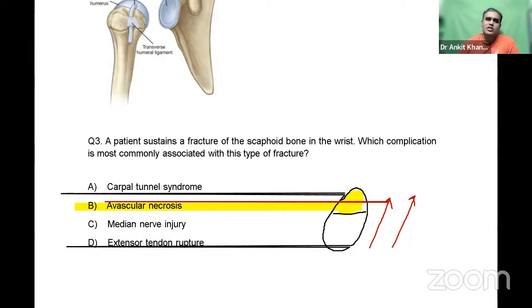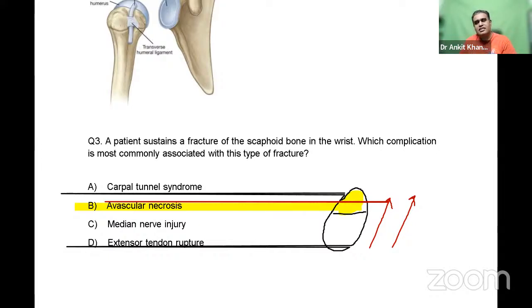Might develop avascular necrosis. Coming to other options, option A, carpal tunnel syndrome. It is due to compression of the median nerve deep to the flexor retinaculum of the wrist. The median nerve is right in the center, and the scaphoid bone is a bit on the lateral aspect, so it is not like the median nerve is right over the scaphoid.